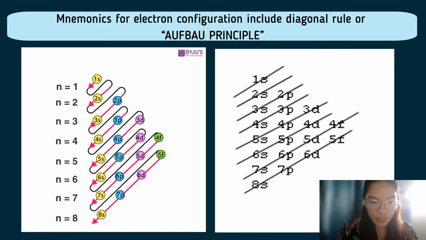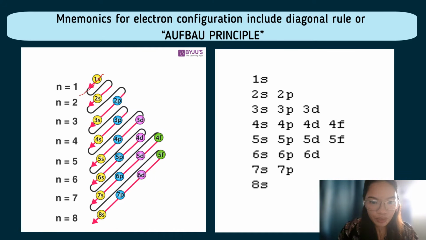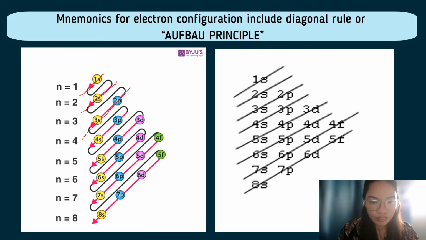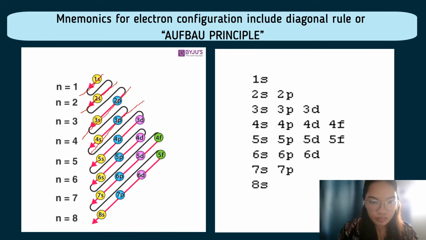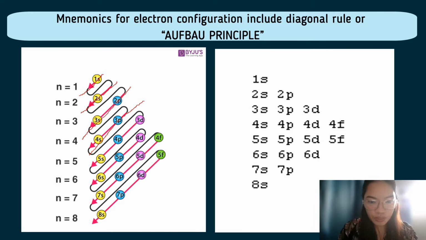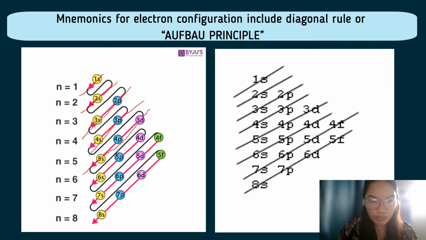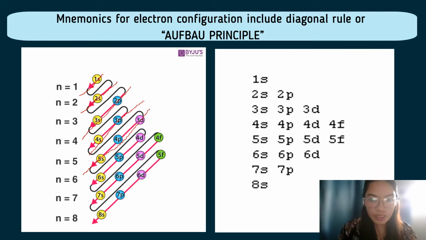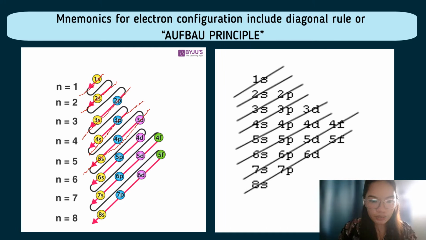All you have to do is follow the arrows one by one. In this mnemonic, you draw arrows through a specific order of sub-levels or sub-shells to determine the correct filling order. Follow the arrows to identify which sub-level you will write in the electron configuration.